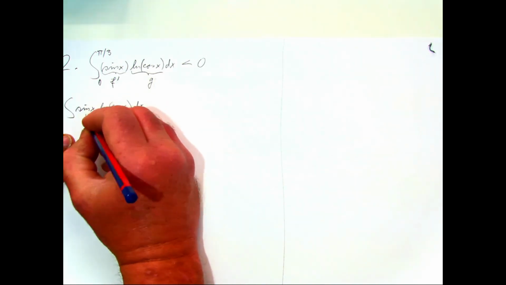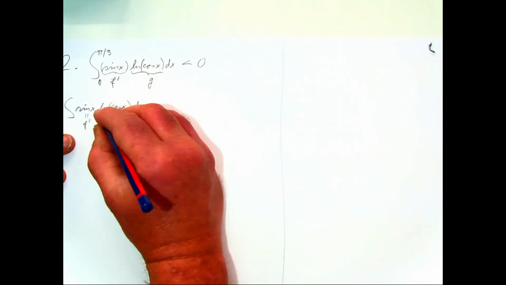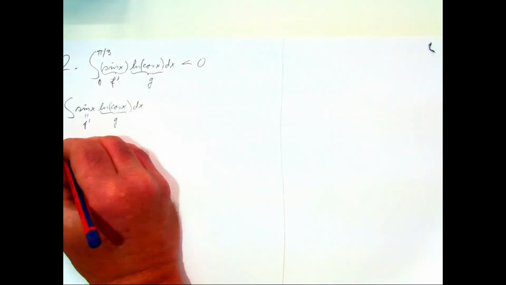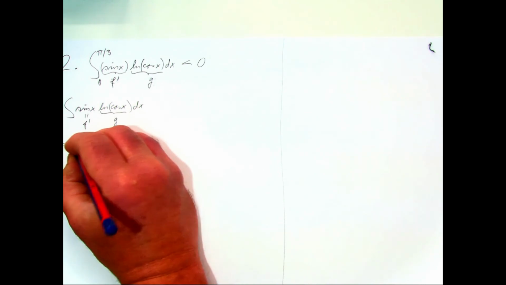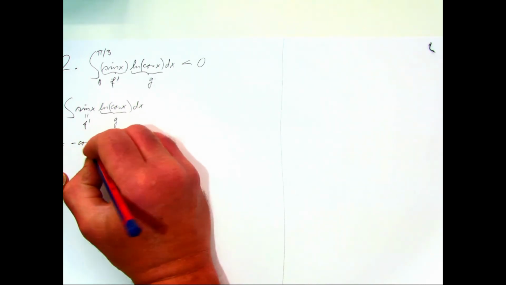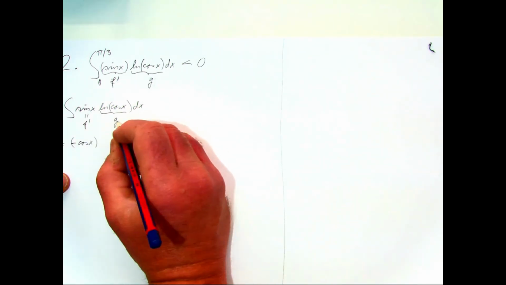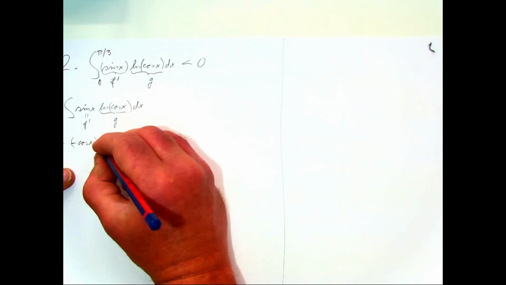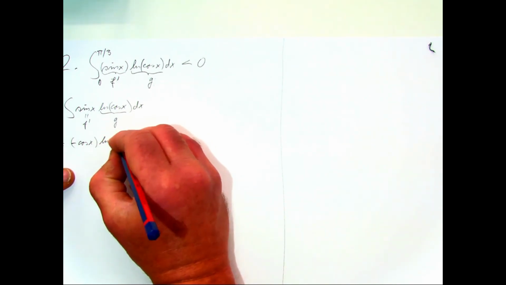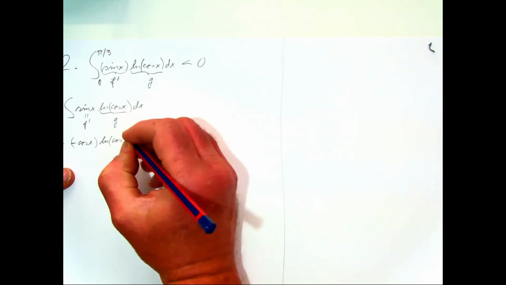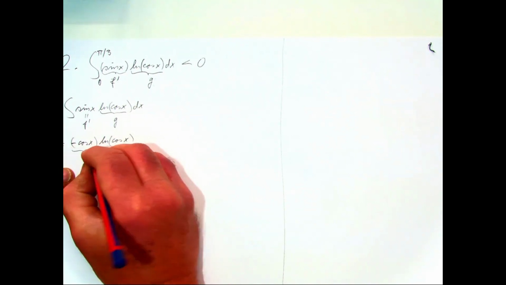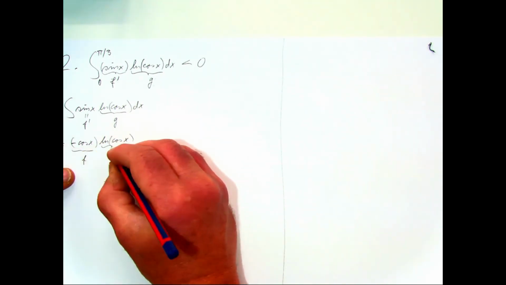This one is my f prime, and this one is the g. So that gives me, this one integrated is minus cos x, and this one stays the same, ln cos x.